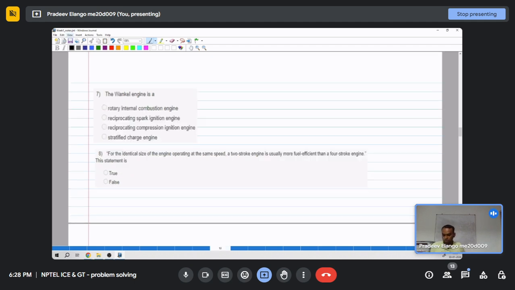The Wankel engine is a rotary internal combustion engine, reciprocating spark ignition engine, reciprocating compression ignition engine, or stratified charge engine. Have you seen a Wankel engine earlier, or the image of a Wankel engine?